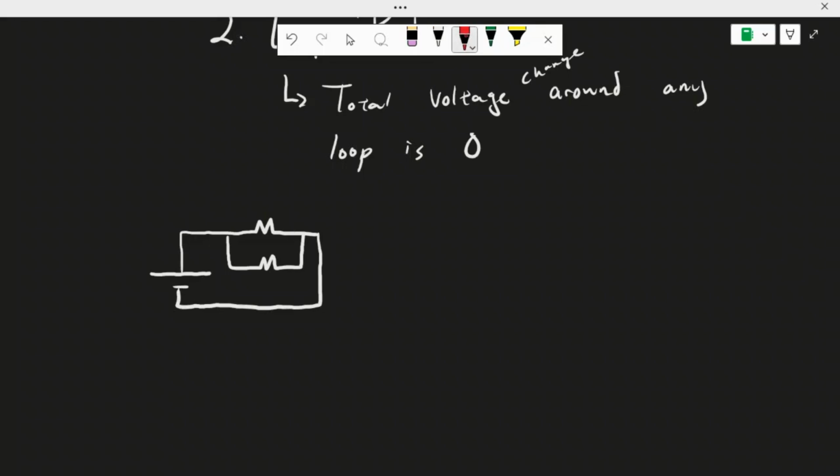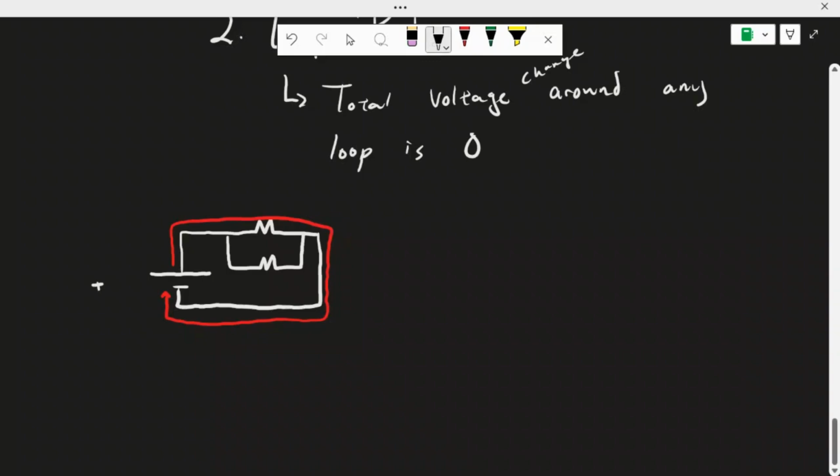On this path, where I go around the outside, if I say that the battery is plus V, and this is R1, and this is R2, then V has to equal I R1, because that would be the voltage drop across resistor 1.